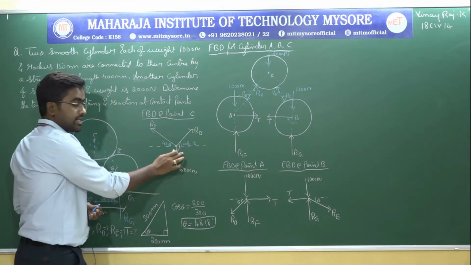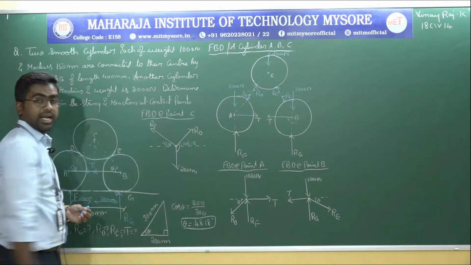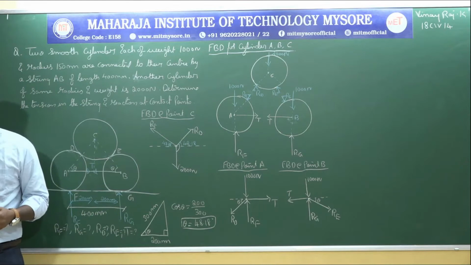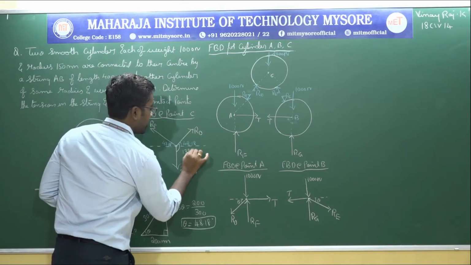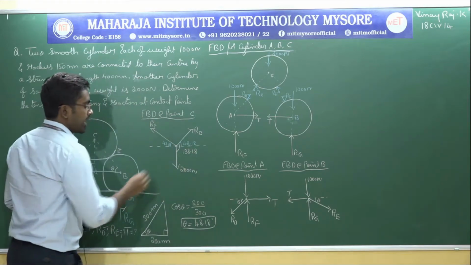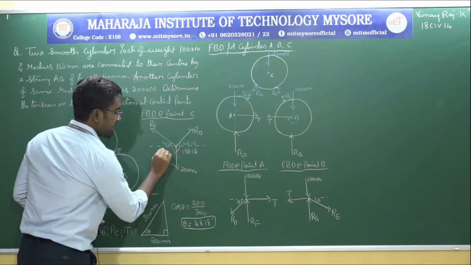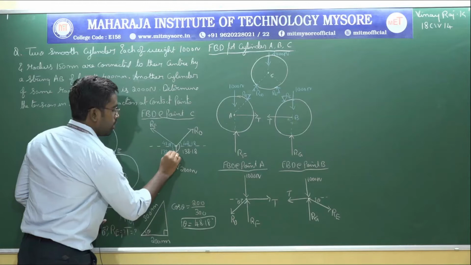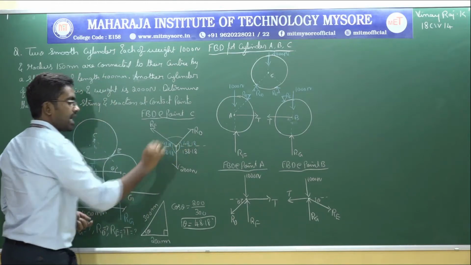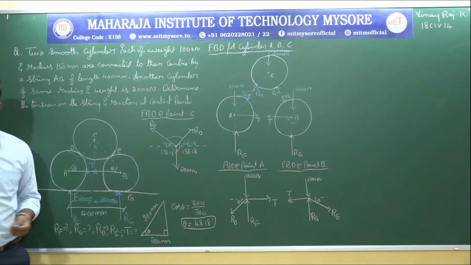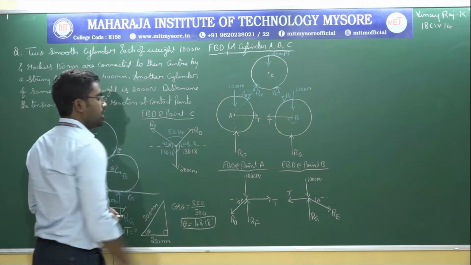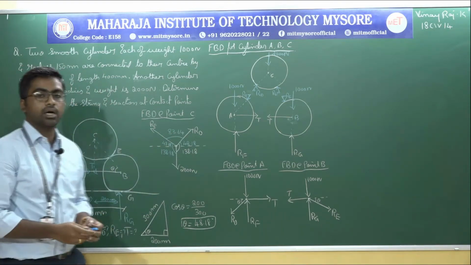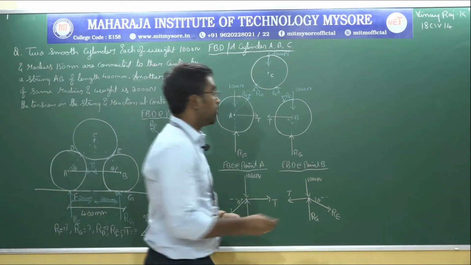This is 90 degrees, this is 48.18. The total angle will be equal to 138.18. So the angle between these two forces will be the same, that is 138.18. This is the remaining angle, and that angle will be equal to 83.64. So this is how you need to calculate the angle between the forces.